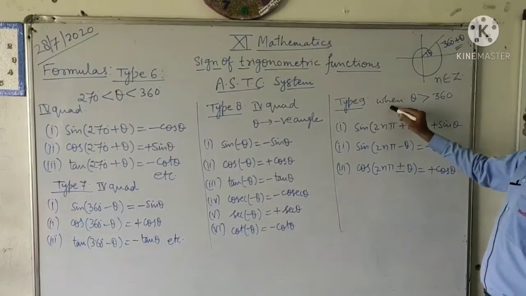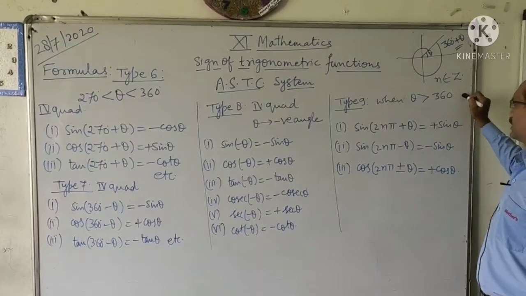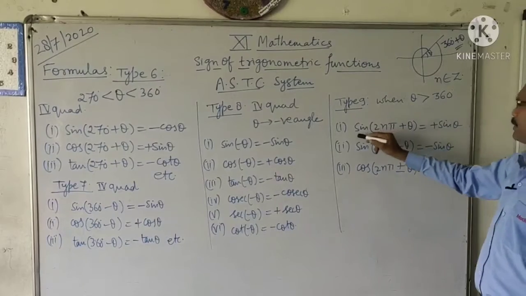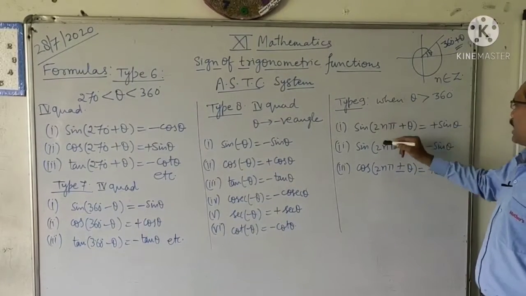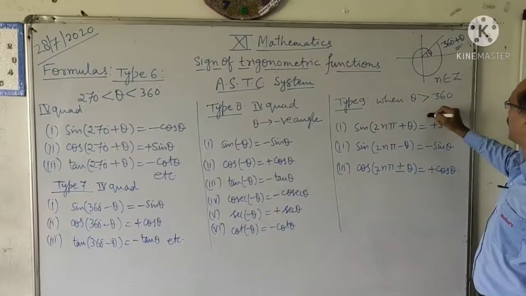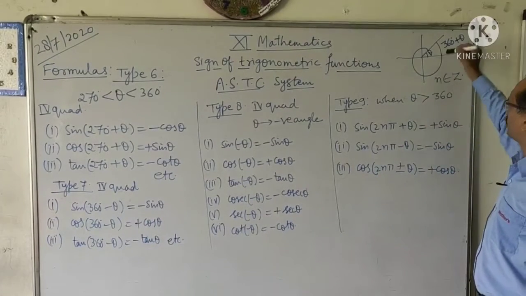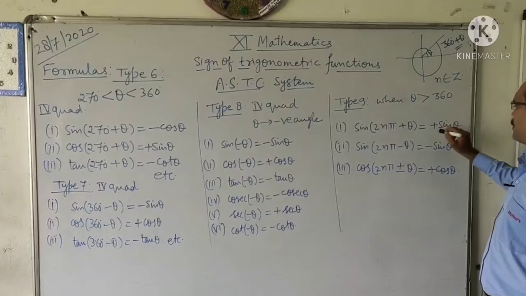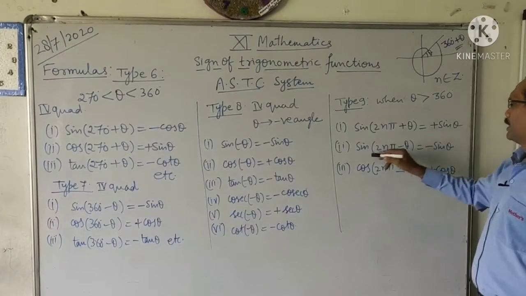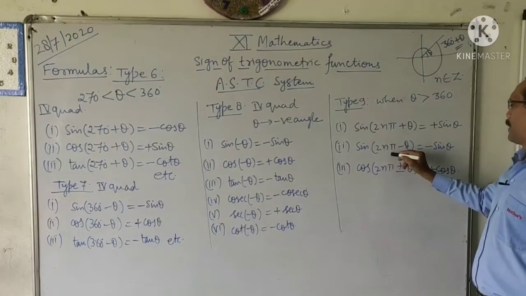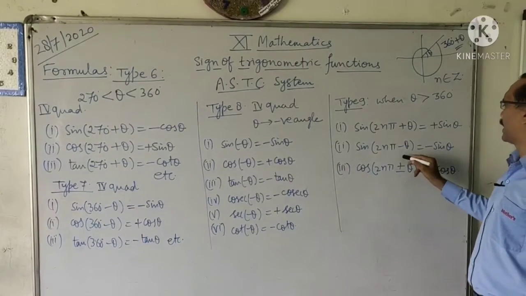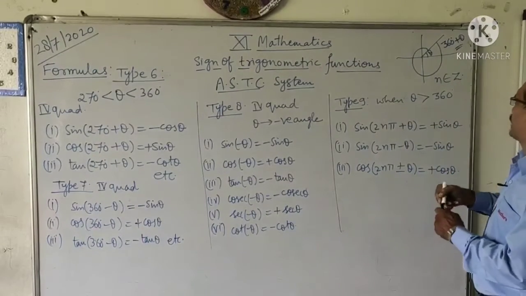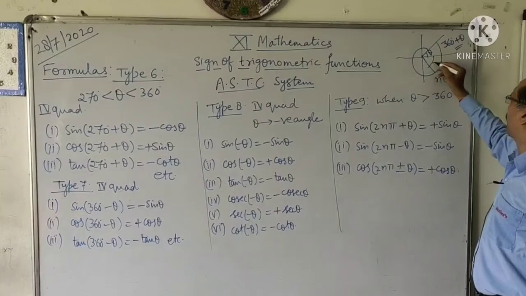Then theta is more than 360 degrees. Formula number 1, sin(2n pi plus theta). It means n number of rounds completed and the angle goes to the first quadrant. That is why sin is positive here. Then sin(2n pi minus theta). It means the last round is not completed and the angle is lying in the fourth quadrant.